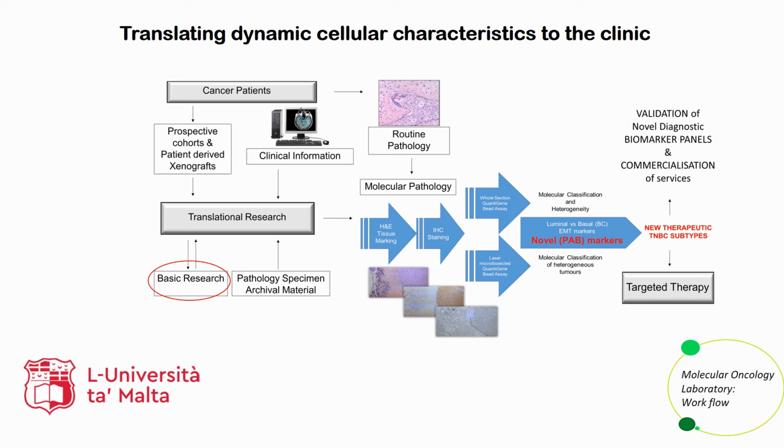With all this information we translate into a pipeline, a workflow, in which we can measure these biomarkers depending on the specific question. Ultimately we will validate these diagnostic or theranostic biomarkers towards eventual commercialization.